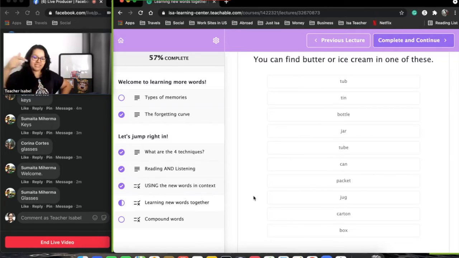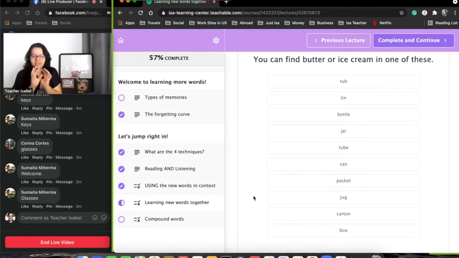Is it tub, tin, bottle, jar, tube, can, packet, jug, carton, or box? These are all different types of containers, different things that you can store stuff in. I'm asking you, what kind of container can you put butter or ice cream inside?